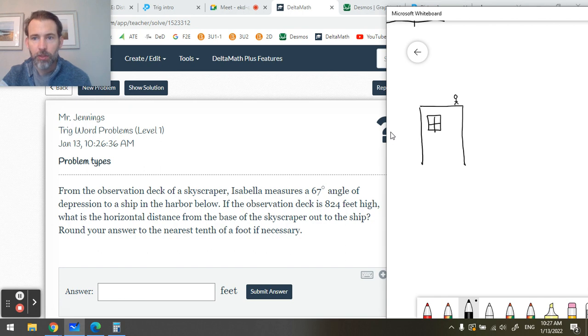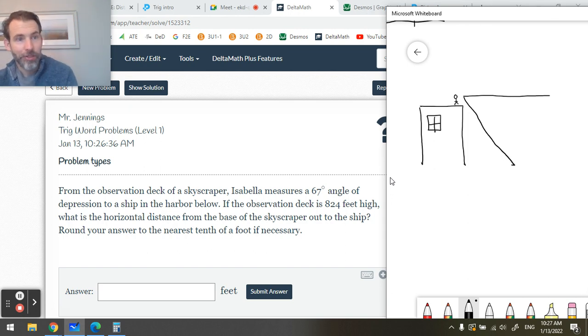Very big building with big windows. She has a very long neck. She measures a 67-degree angle of depression. So 67 degrees, very steep, nearly 90. Well, not quite, but close enough. If the observation deck is 824 feet high.